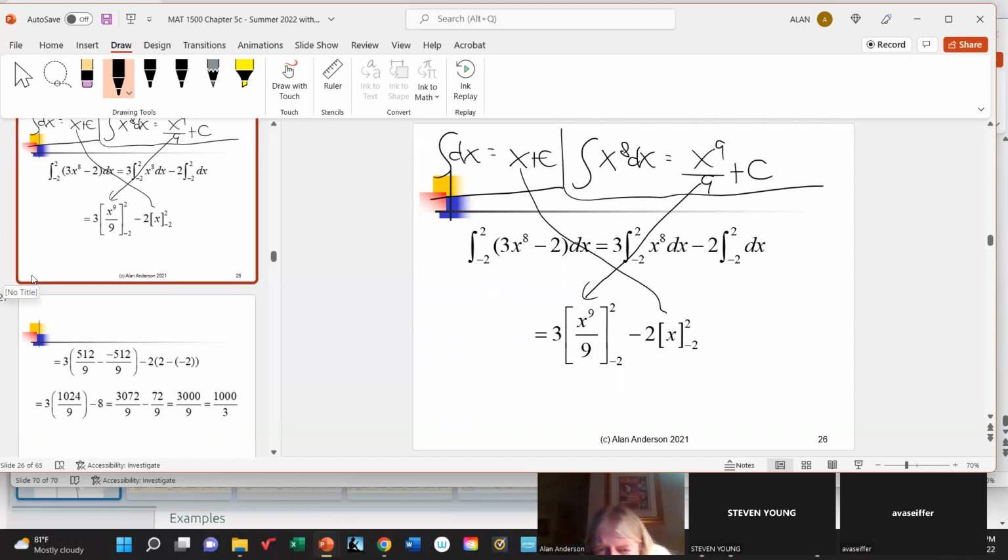Okay, so this one will be... so again, you're evaluating this when x equals 2, then you're doing the same thing for -2 and subtracting.